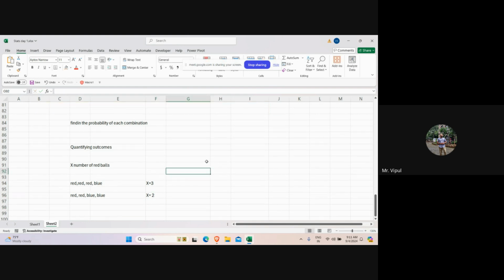So now we have introduced the concept of a random variable. What is a random variable?